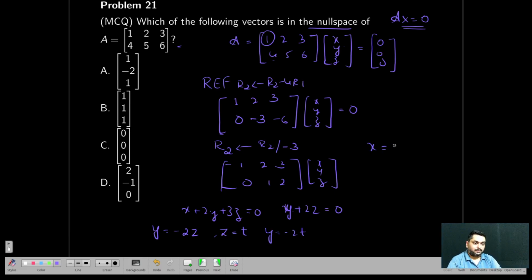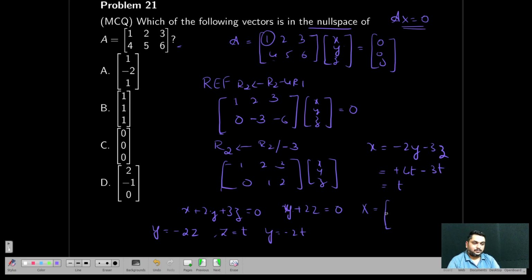So x will be equal to minus 2y minus 3z. So x is minus 4t... plus 4t minus 3t, which is t. So what is my vector?